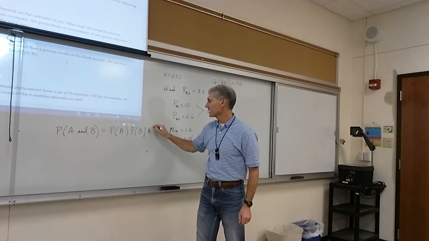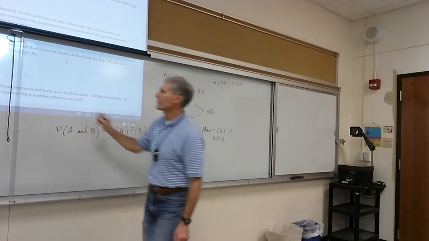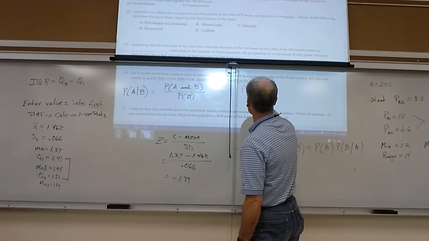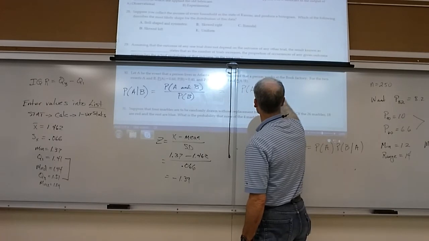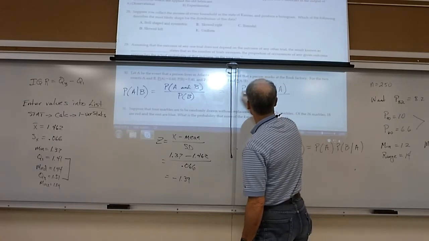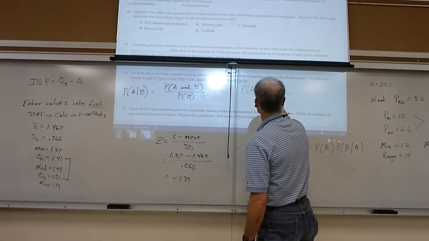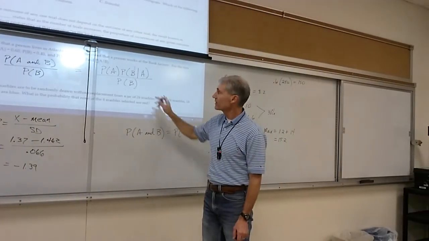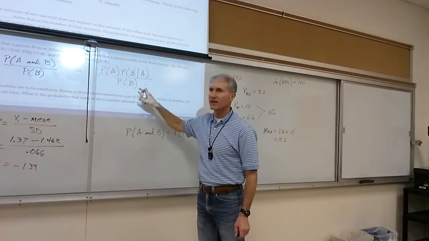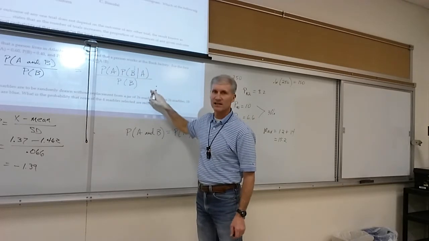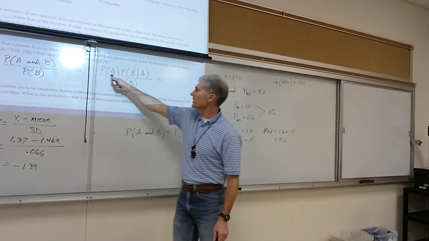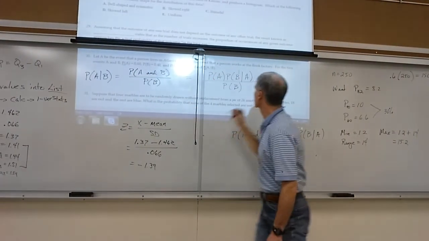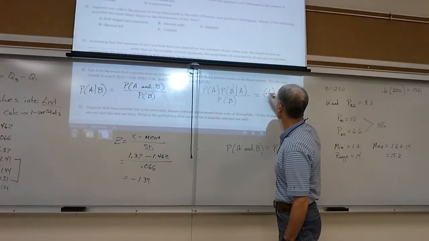Given A, right? So then I can replace the top with the probability of A times the probability of B given A, over the probability of B. Now nothing cancels, but I have everything in the reading that I need. Probability of A, they tell me, is 0.6, so I'll put in 0.6.